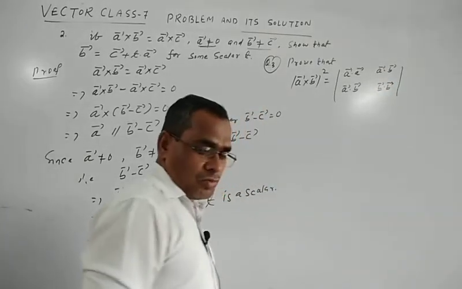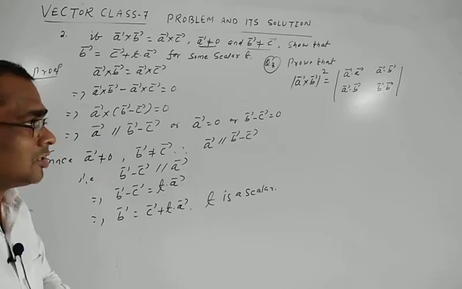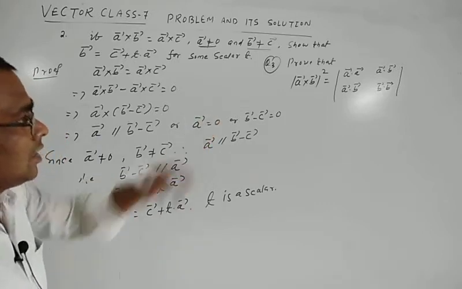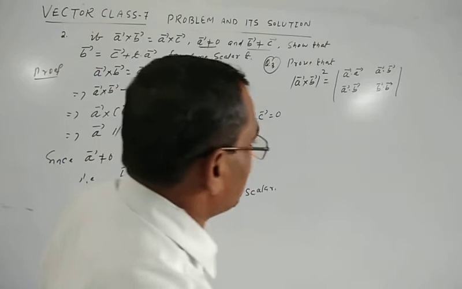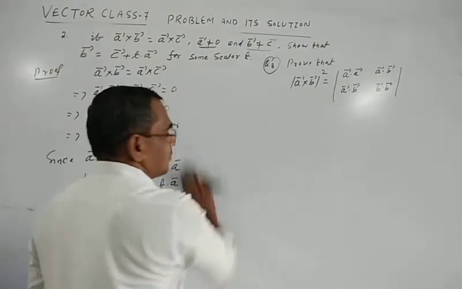So how can you prove this one? The magnitude square of A cross B is equal to this determinant form. Next, how to prove this one?